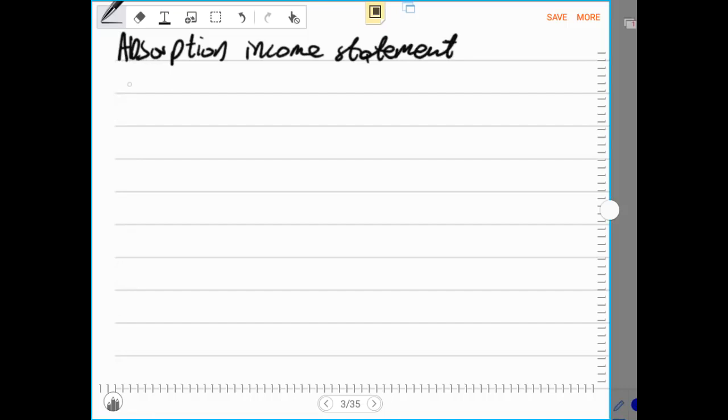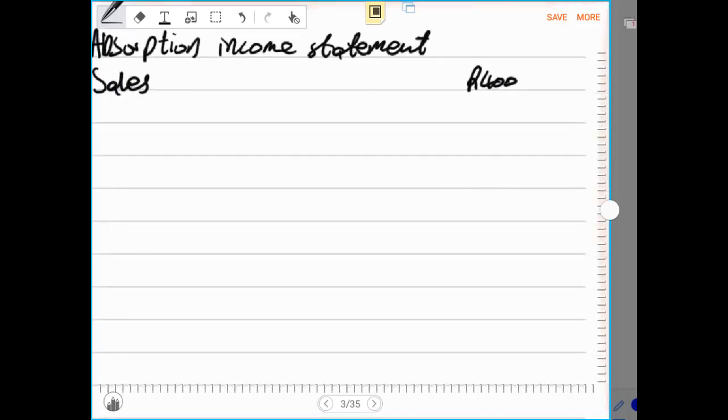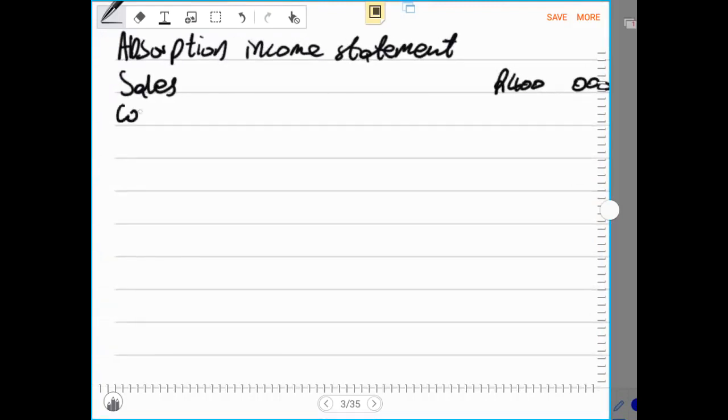In the absorption income statement, we still start with the sales. And sales don't change based on the method. The number of units that were sold is the same in all methods. Nothing changes. The major difference will be the cost of sales.